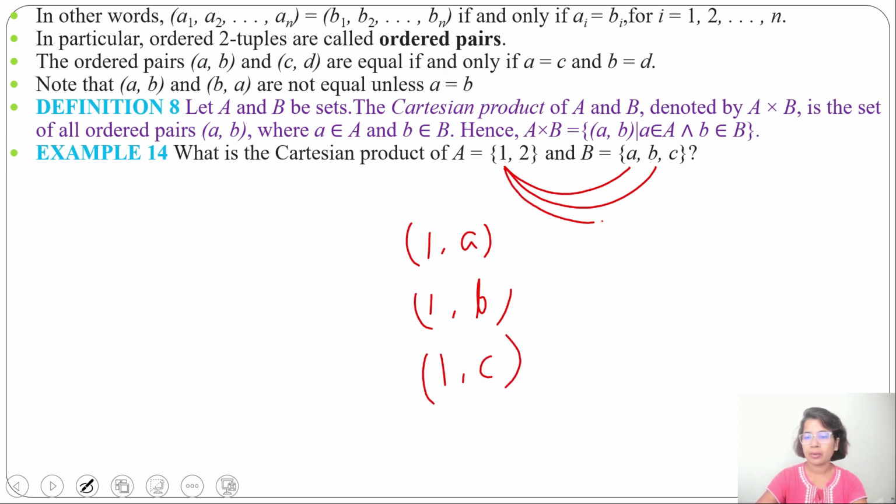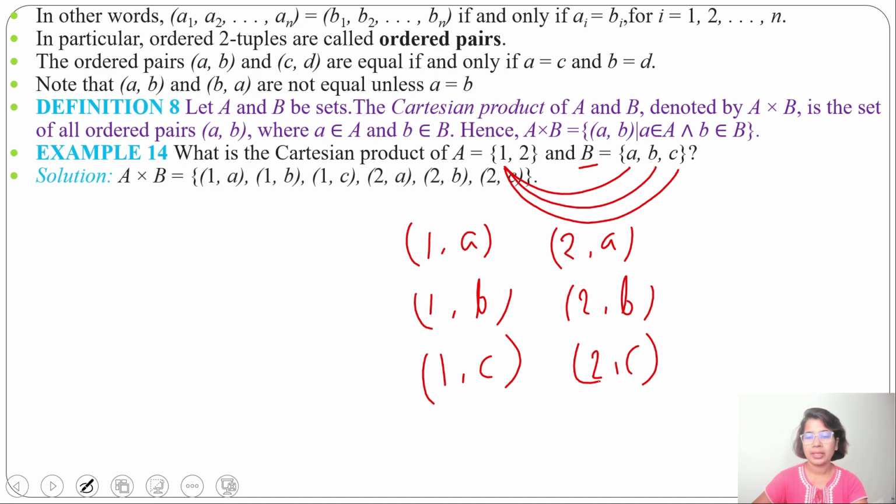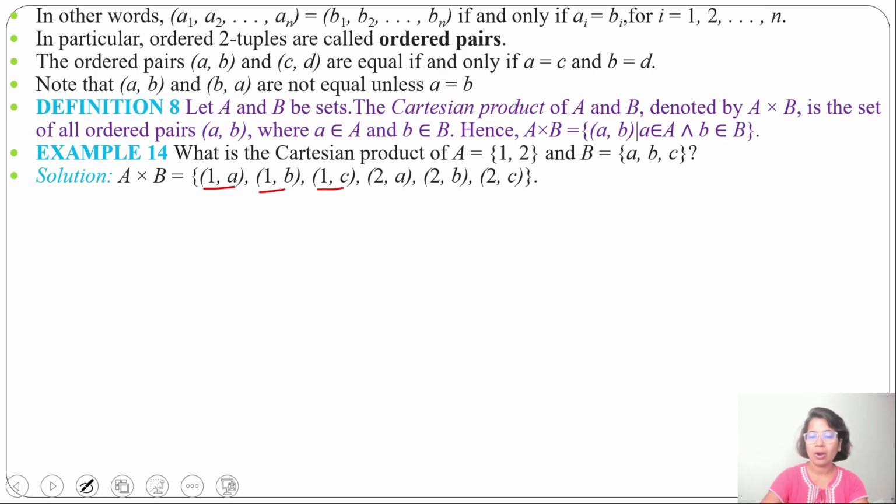So we paired 1 with all elements of set B. Next I will pair 2 with a, b, c: (2, a), (2, b) and (2, c). So now A Cartesian product B will contain (1, a), (1, b), (1, c), (2, a), (2, b), (2, c). These individual elements are the ordered pairs we constructed from set A and set B. The first element is from set A and the second element is from set B in each ordered pair.